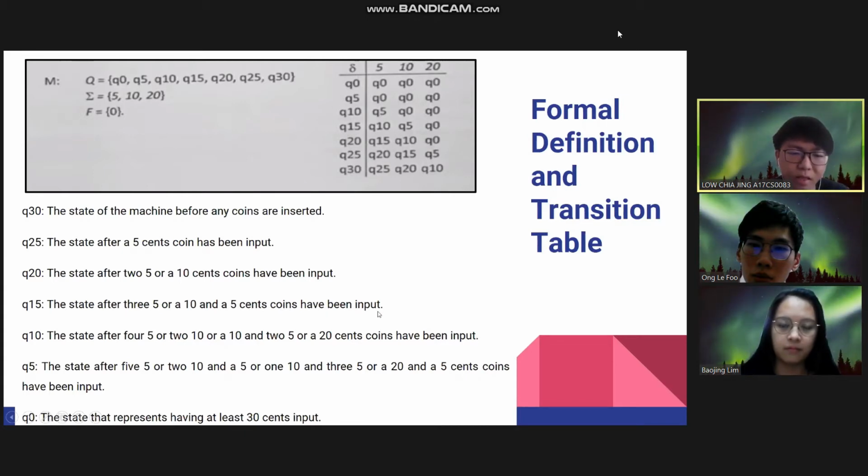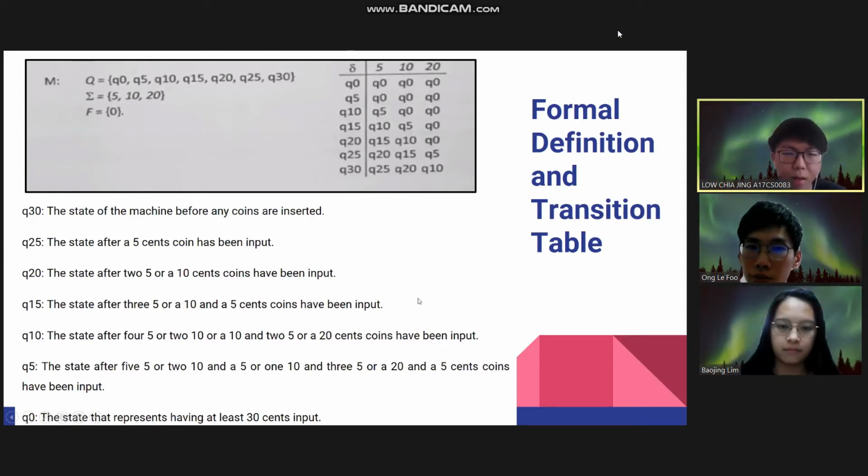Q10 is the state when the value of cents inputted into the machine is 20. Q5 is the state when a total of 25 cents has been inputted into the machine. And Q0 is the final state, which represents that at least 30 cents have been inputted into the machine.